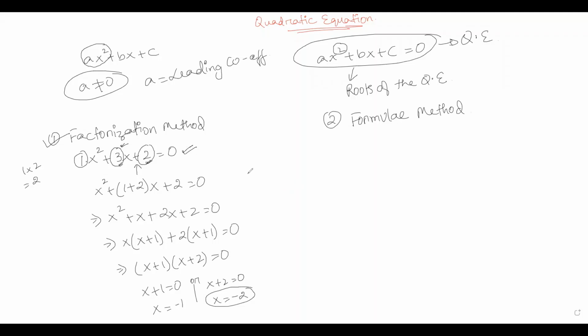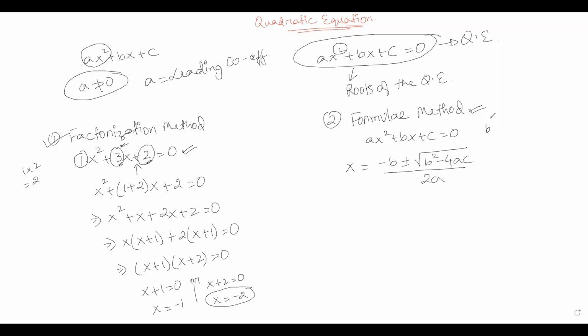We can also find the roots simply by using the formula method. The standard form of a quadratic equation is ax square plus bx plus c equals to 0. So using the formula method, the roots of the quadratic equation is given by simply x equals to minus b plus minus under root of b square minus 4ac upon 2a.